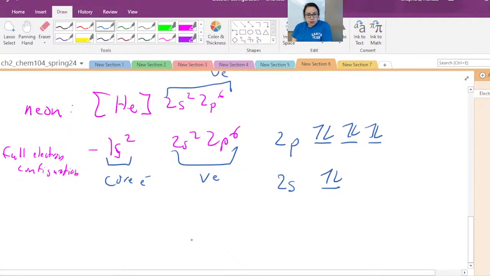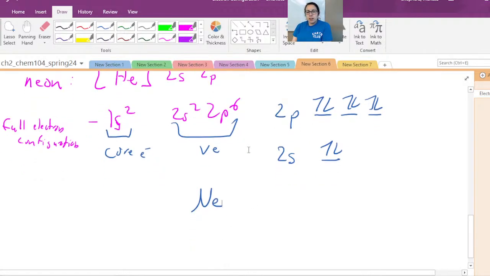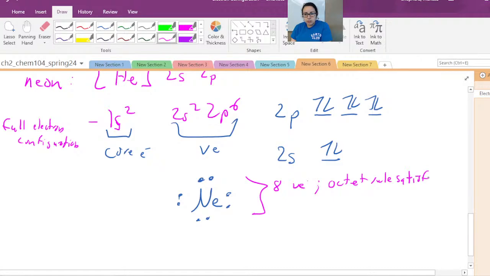We could also write our corresponding Lewis dot structure, treating all these like the 4 sides. We have 2 electrons on each side, showing us why neon is unreactive. We have our 8 valence electrons, so octet rule satisfied. It has filled p and s orbitals, so it's happy and unreactive.